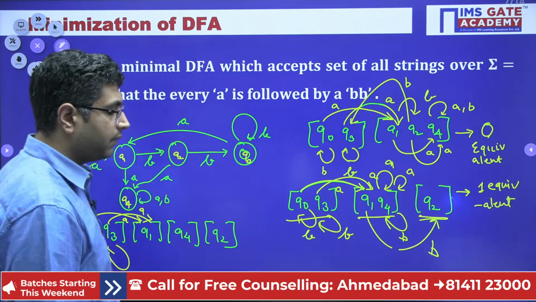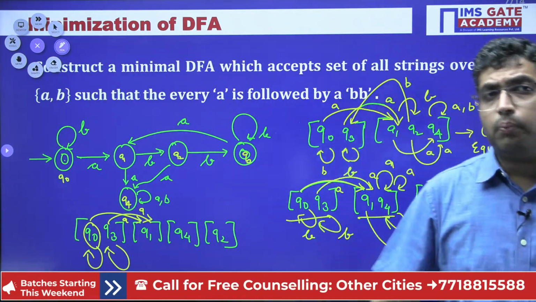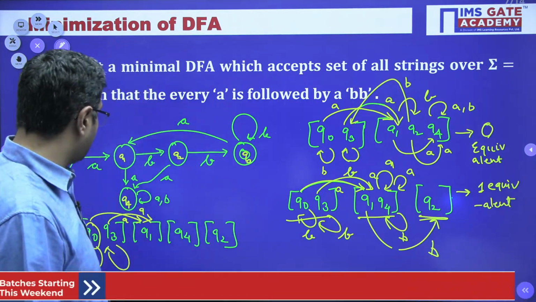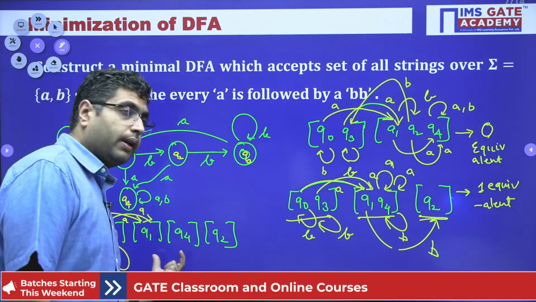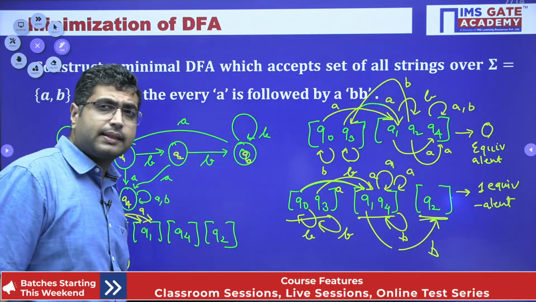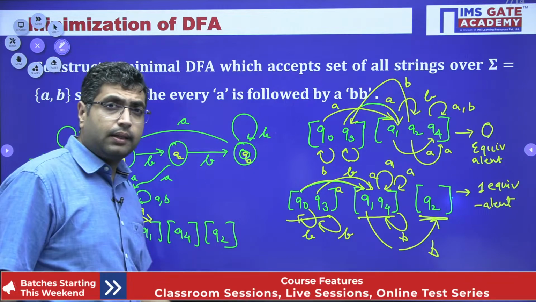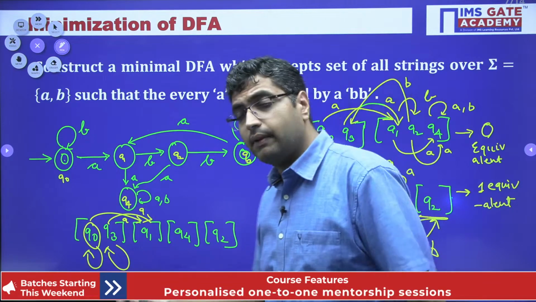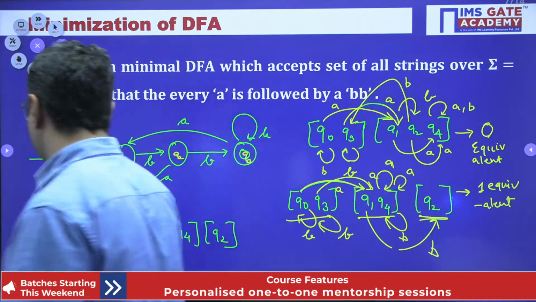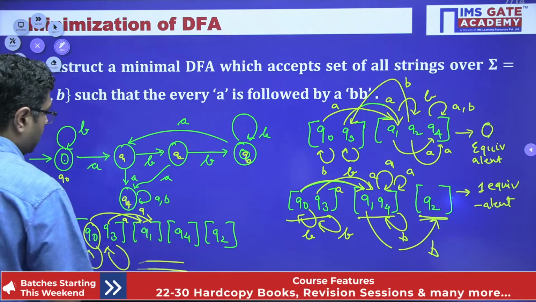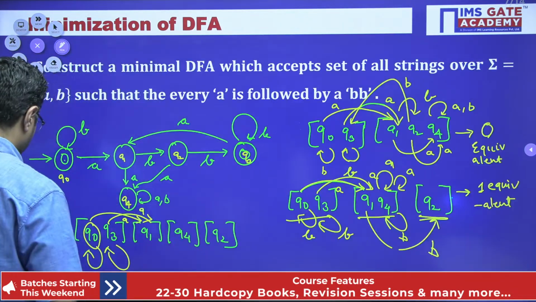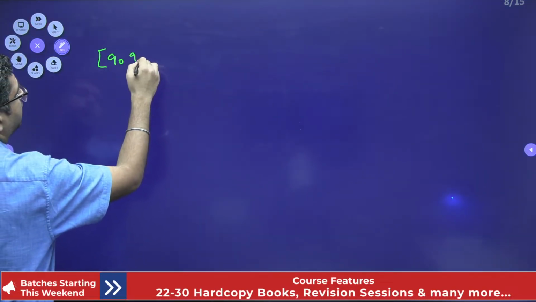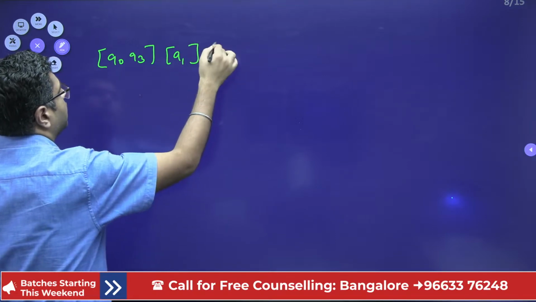So they have the similar set behavior. Both on A are going to Q1, on B they are remaining in themselves. They are remaining in the same set, so they cannot be split now. When they do not have the same set behavior, we have to split. So the next state that we are going to get will be Q0, Q3, Q1, Q2 and Q4.